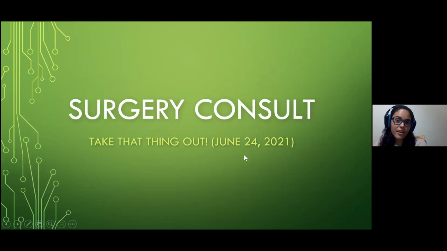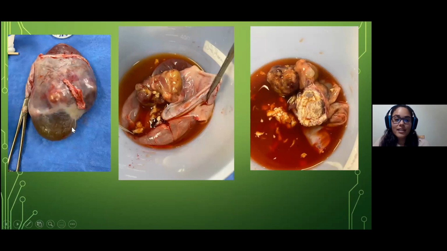And I do have the pictures of the gross specimen of the thing that they took out, right? The mass. So here they are. This is very big. When they opened it, it was mostly composed of fluid, but it also contained fat, right?